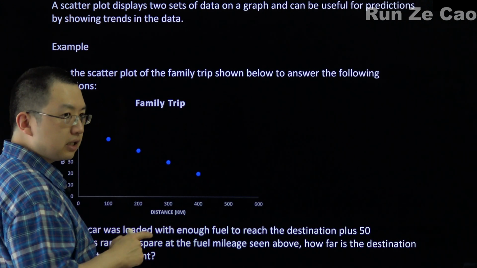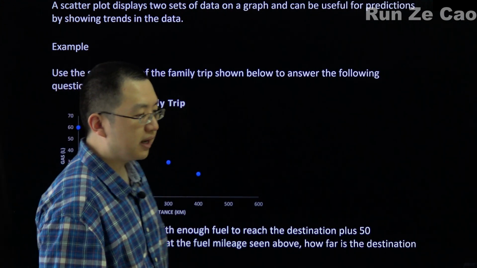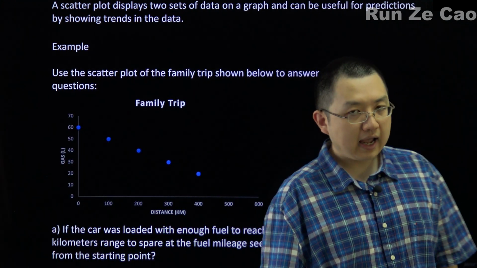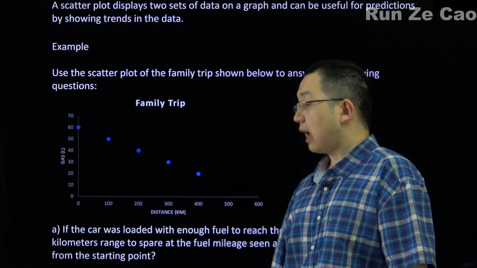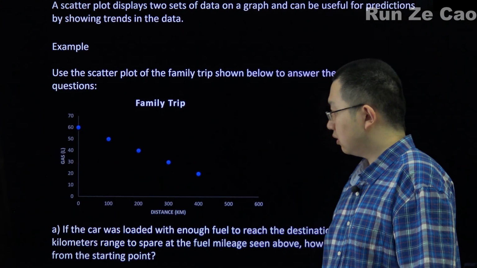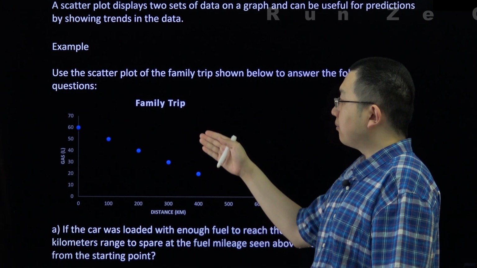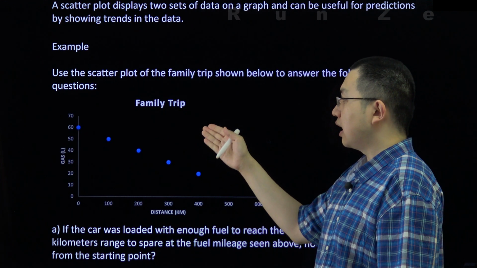A scatter plot is mainly differentiated from a line graph by, say, hours studied versus grade on test. You can have two people who both studied 5 hours, and one of them got a 79 and the other one got an 83.